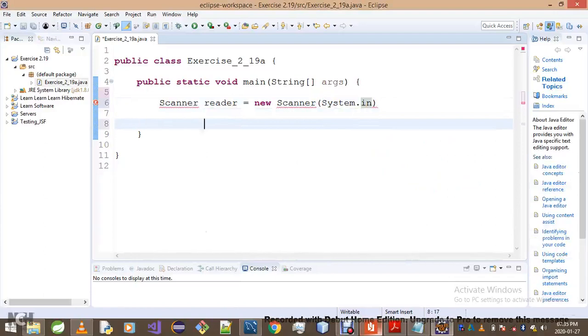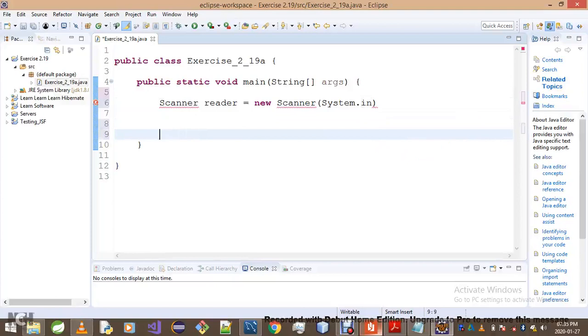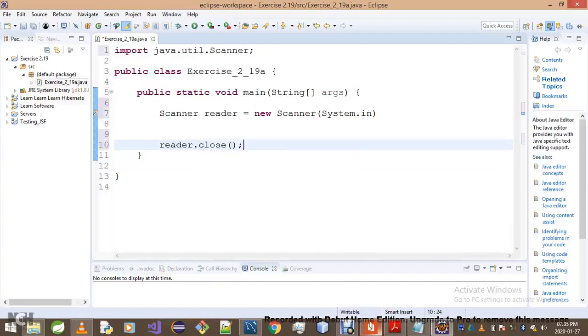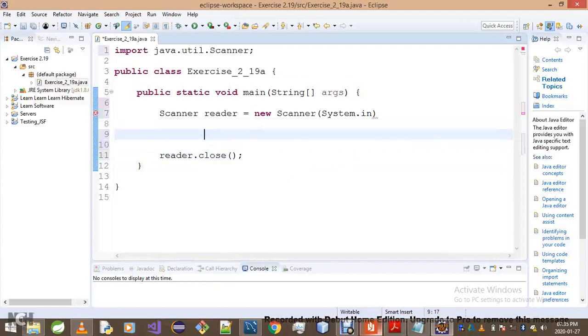However, I'm going to go through it in a simple, straightforward way. Let's close our scanner, and I forgot a semicolon here. No wonder we're having an error.